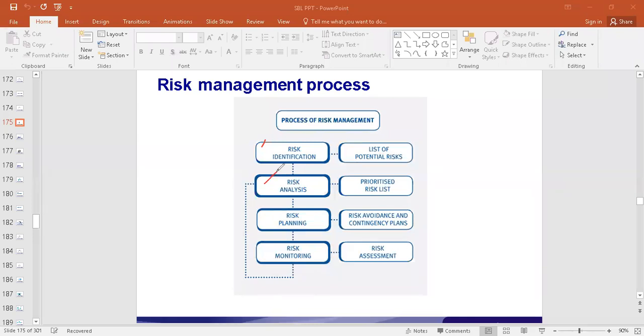Next step is risk planning. Okay, risk planning. We will be studying a framework called the TARA framework: transfer, accept, reduce, and avoid. So what should be the strategy when risks are managed?